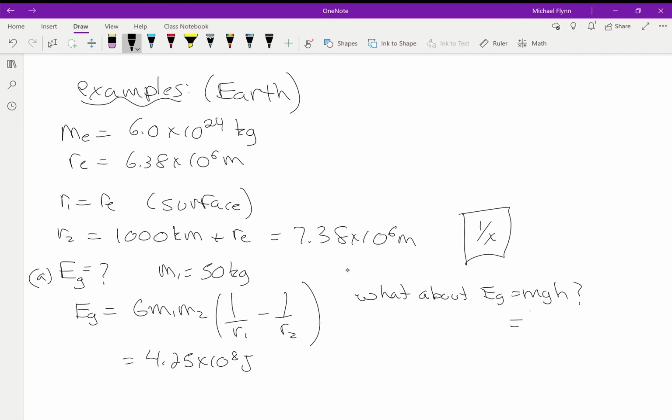Well, your mass is 50, g is 9.8, and it's 1,000 kilometers, so that's 1 times 10 to the 6 meters. If I do that, I'm most certainly going to get a larger number. 50 times 9.8 times 1 exponent 6, and I get 4.9 times 10 to the 8 joules.